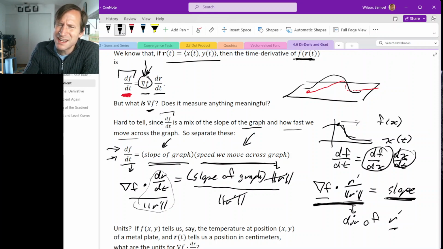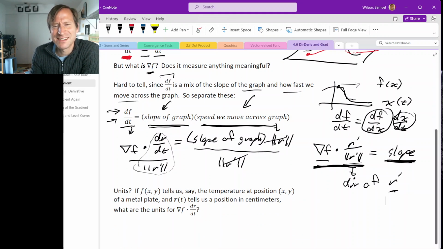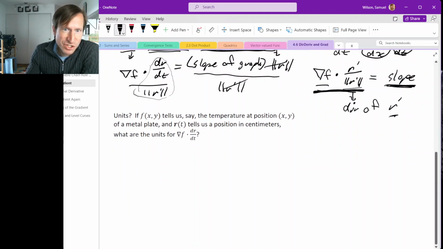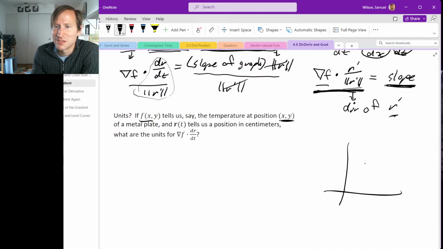To make sense of this, let's figure out what the units are. So let's introduce some units. Suppose this function tells us the temperature of some metal plate at the position xy on the metal plate. So if we have some metal plate sitting here and we're at a point, and we're moving in some direction like this, so this is the direction of r prime.